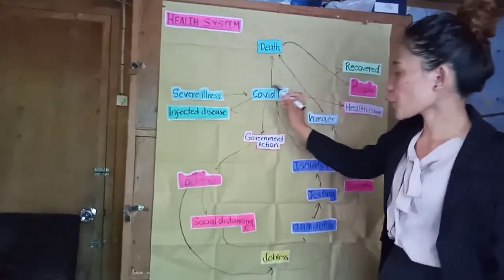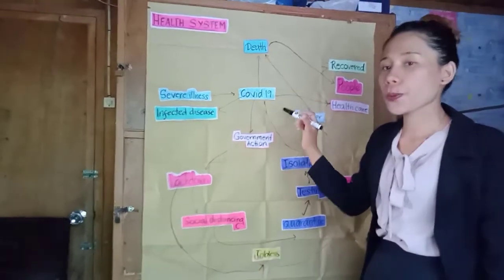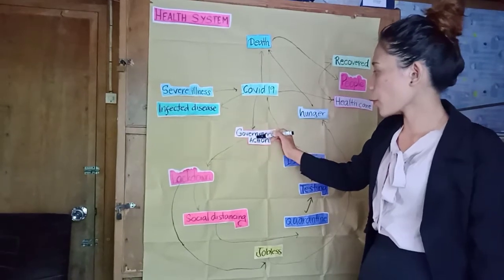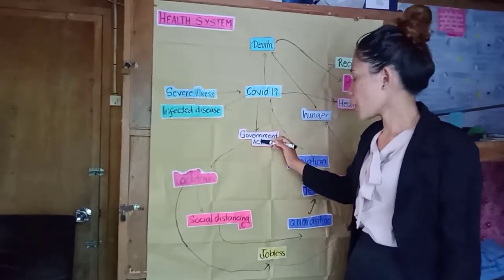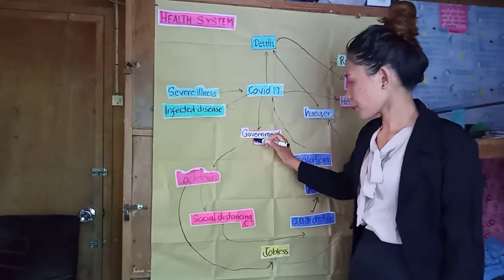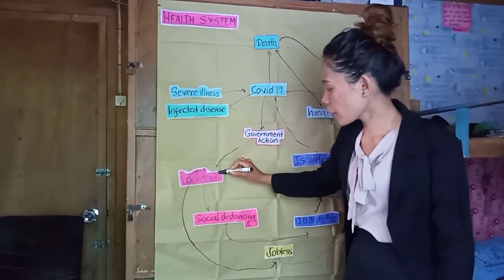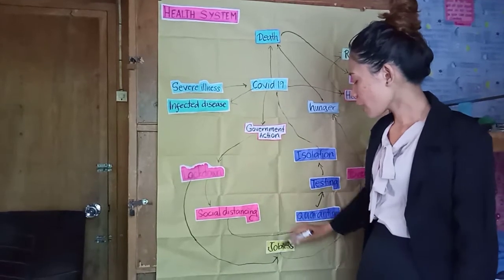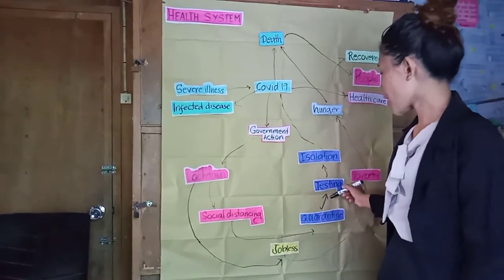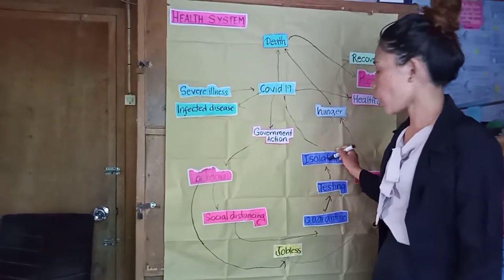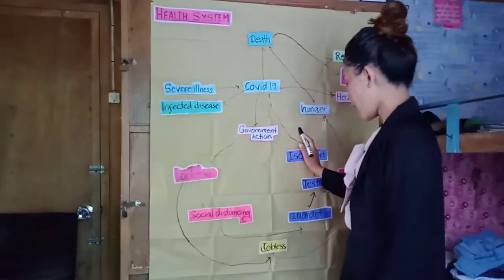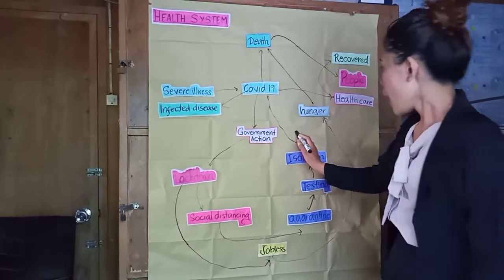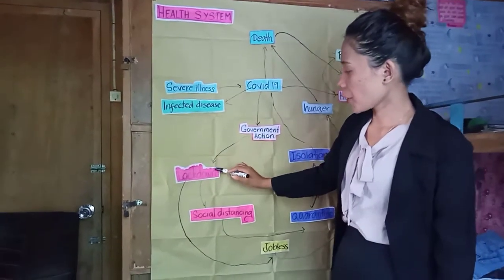In order to stop the spread of COVID-19 today, the government takes action, offering lockdown, social distancing, quarantine, testing, and isolation to solve the problem. We can see here there is a lockdown.